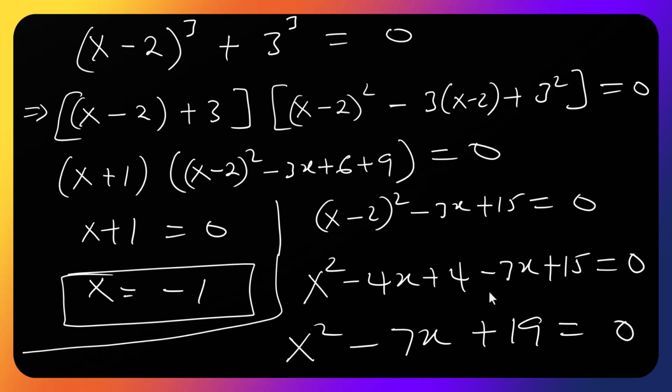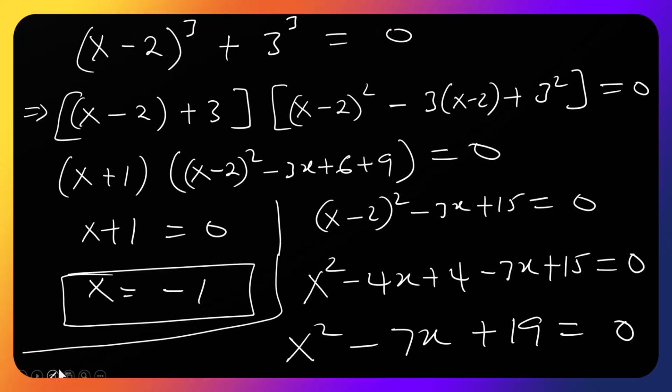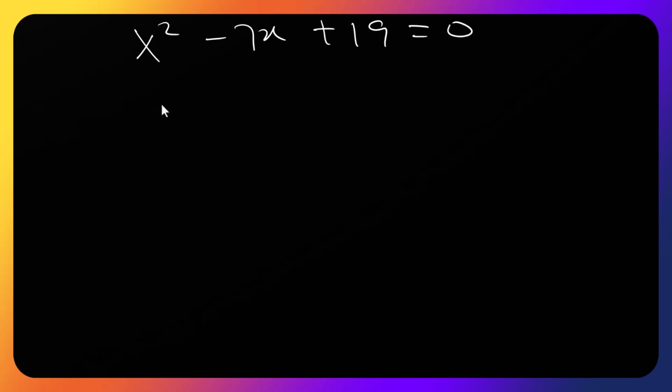Okay, so we can use the almighty formula. So x squared minus 7x plus 19 equal to 0. So we have a as 1, b as minus 7. As you compare this to the general quadratic equation, c is 19.